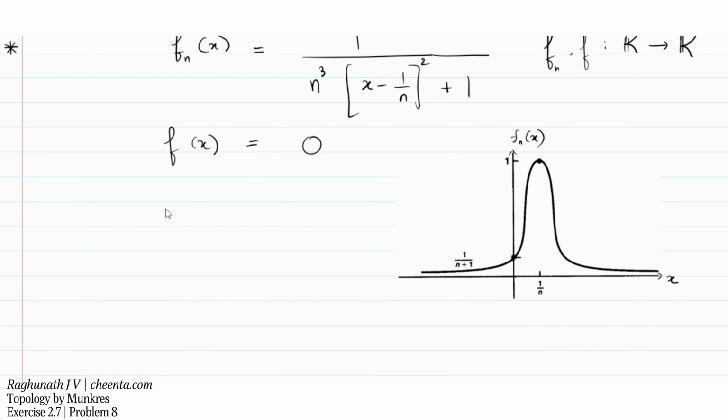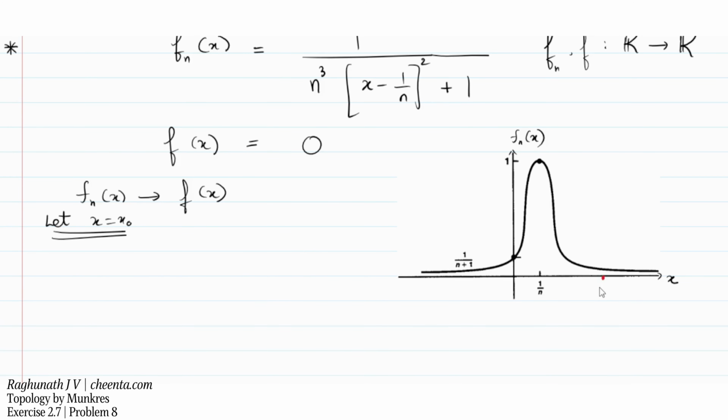We will prove that fn of x converges to f of x. It is true because if you take any value of x, let's say x naught, and you take an open interval around f of x naught.